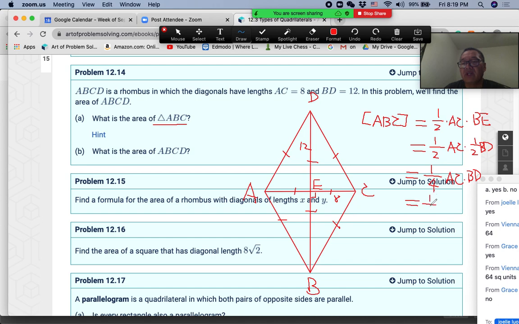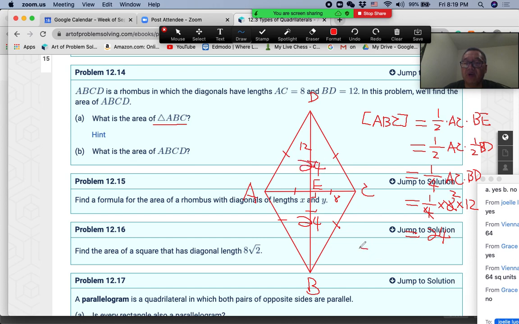So by this way, continue to calculate: this one will be 1/4 times 8 times 12. So you get 2 times 12, that's 24. So the area of ABC equals 24. Area of ACD also equals 24.